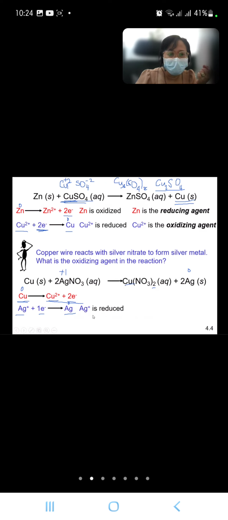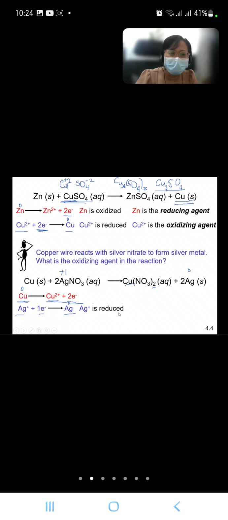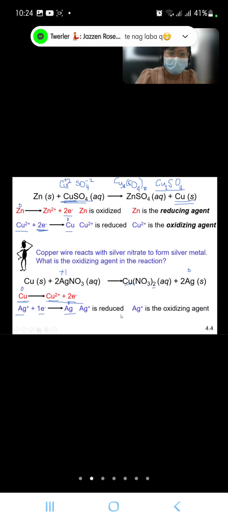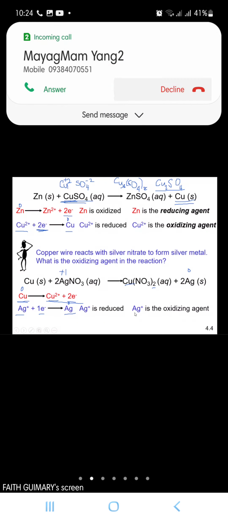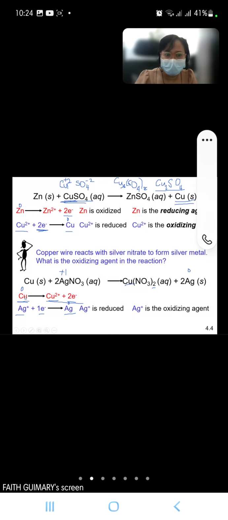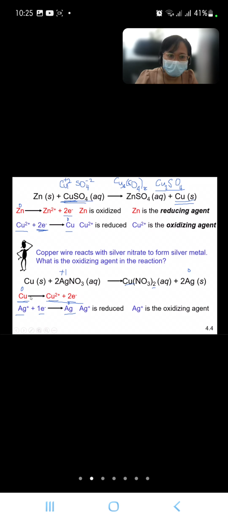since silver gains or accepts electron, it is reduced, meaning it undergoes reduction. And it is the oxidizing agent, causing copper to oxidize.